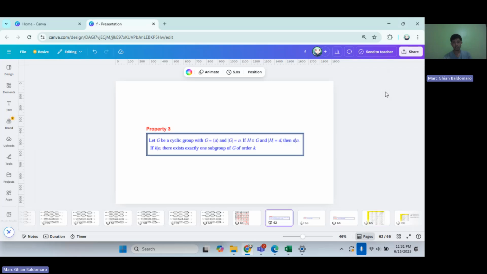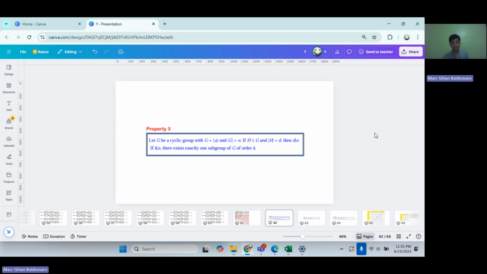So before we start, let us use all the properties that we know. Since we all know that all the Z sub n groups are cyclic, we can use property 3, where G is a generator and n is the order of G. For example, G is generated by A and G has order n.